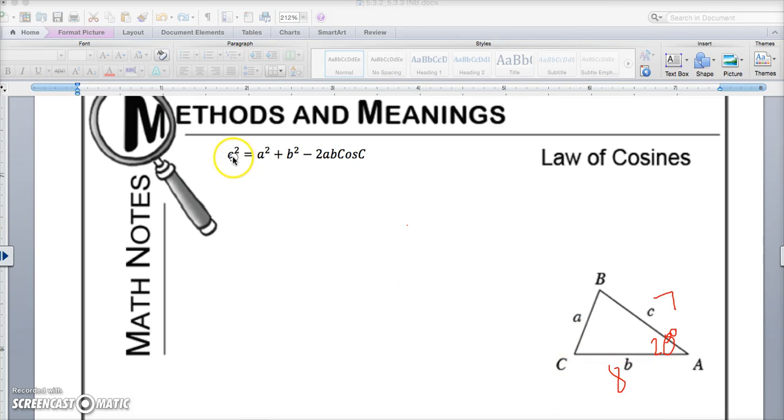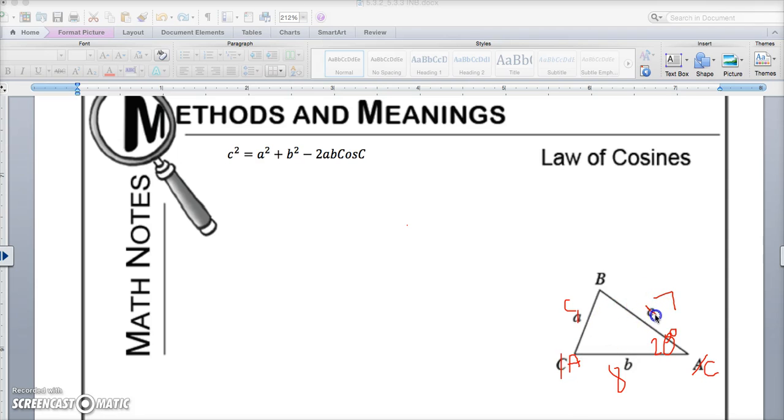Well, our formula says c squared. Well, we already know what c is. So I want to make this triangle match my formula. So I'm going to change the name of these sides and angles.